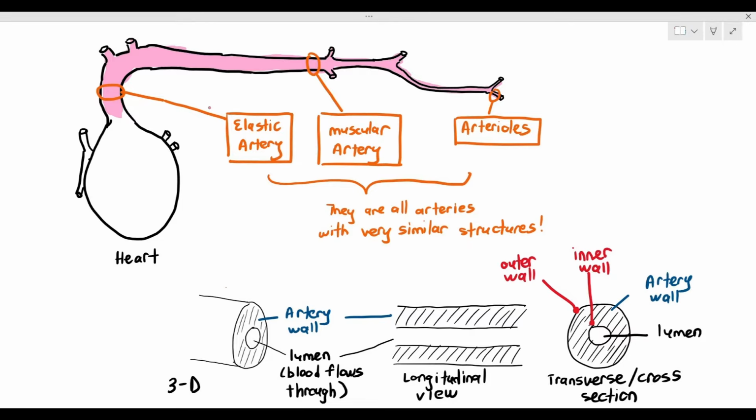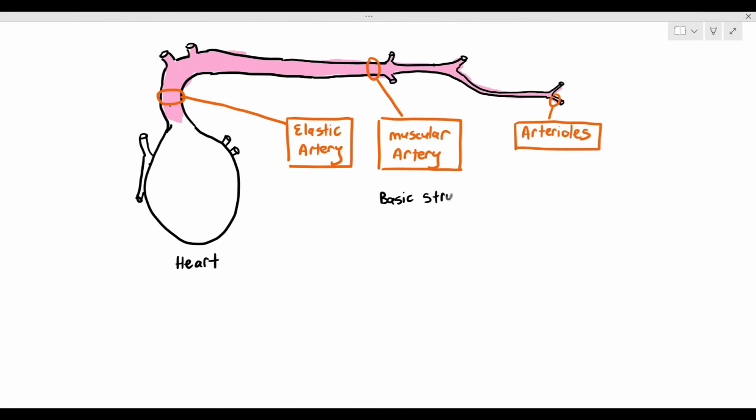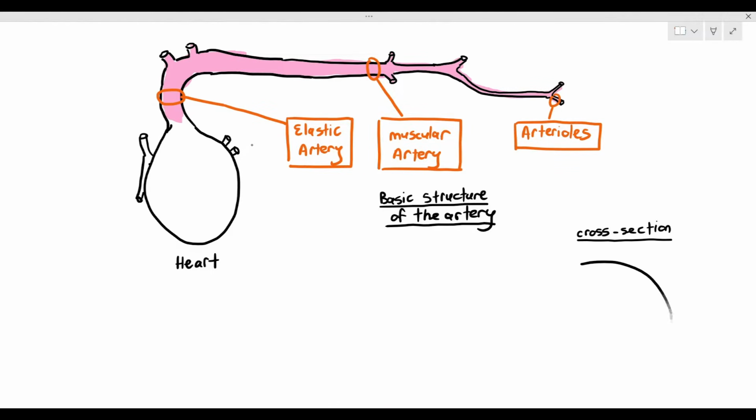Now, why do we have to separate the artery wall into the inner, middle, and outer section? The reason is because the inner, middle, and outer sections are all made up of different compositions. Let's look at the basic structure of the artery. This applies to elastic arteries, muscular arteries, and arterioles, so you don't have to worry about that.